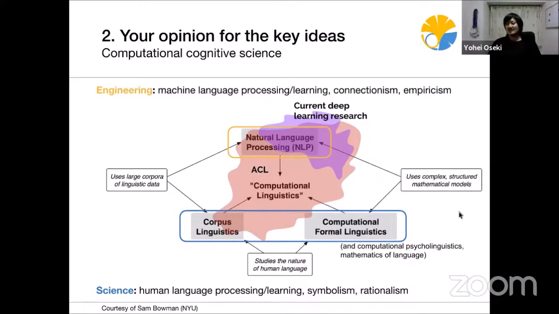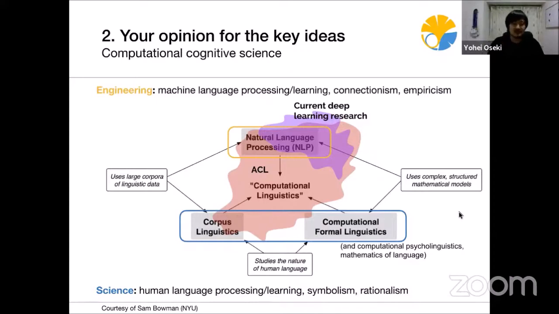Another line of research is the engineering study of language, called natural language processing, NLP, or computational linguistics, which implements computational models that perform tasks involving language processing, things like machine translation or automatic speech recognition.